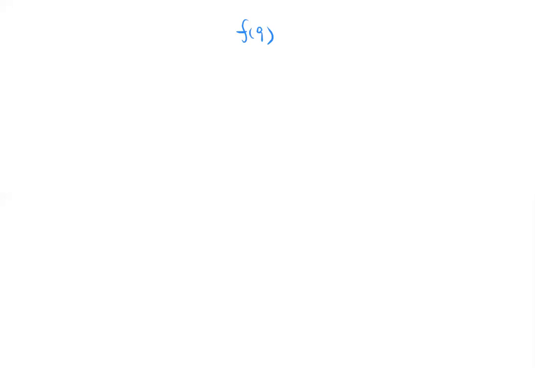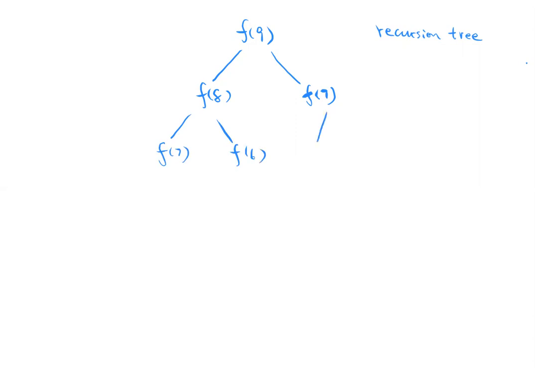Let's look at the recursion tree to see how this one is computed. In order to compute F9, we use the recursive function, so we need to compute F8 and F7. So there are recursive calls for F8 and F7. Independently, F8 will do F7 and F6, and F7 will require us to compute F6 and F5.